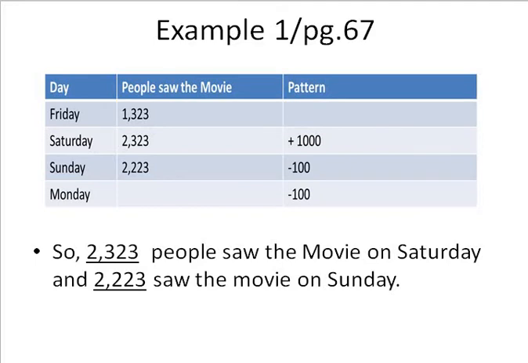Then they say on Sunday it decreased by 100, so I subtract 100 from the hundreds, which is 200, and it becomes 2,223. If they tell us that on the other days it keeps decreasing by 100 until they reach the weekend, we can predict on Monday to have 2,123.